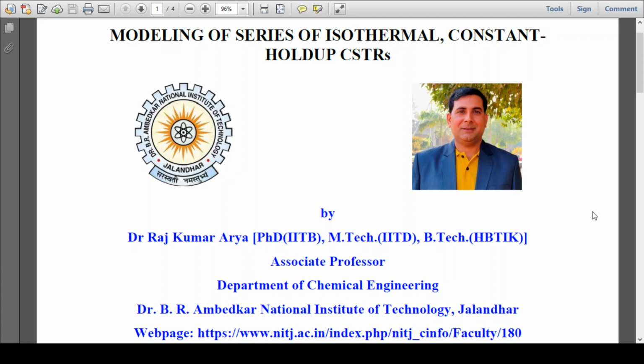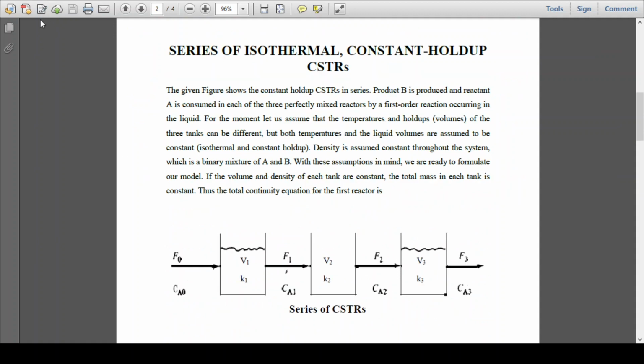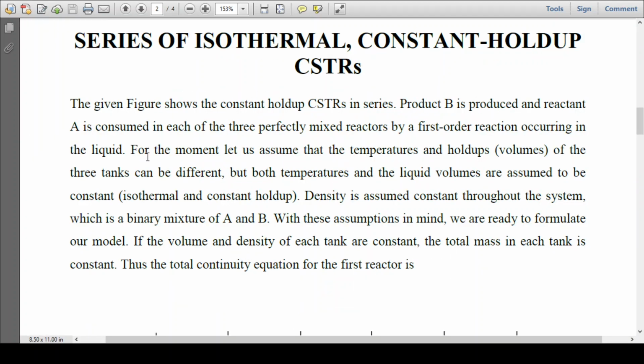Today I am going to explain the modeling of a series of isothermal constant hold-up CSTRs. So in this case, a feed is entering a reactor, and a first order reaction is being considered inside the reactor in liquid phase.